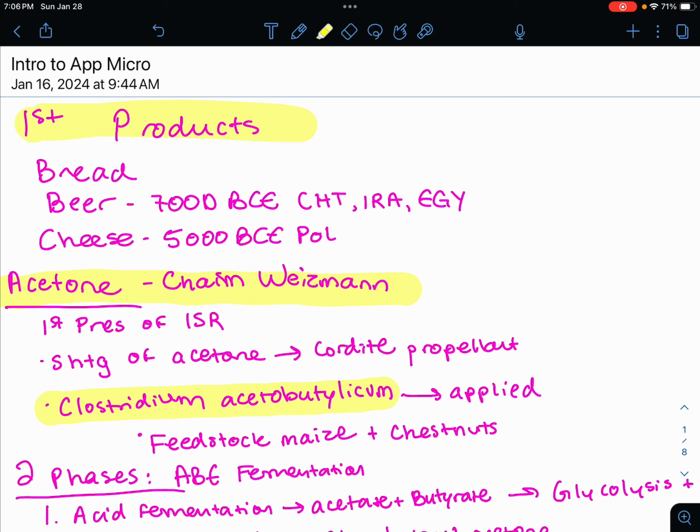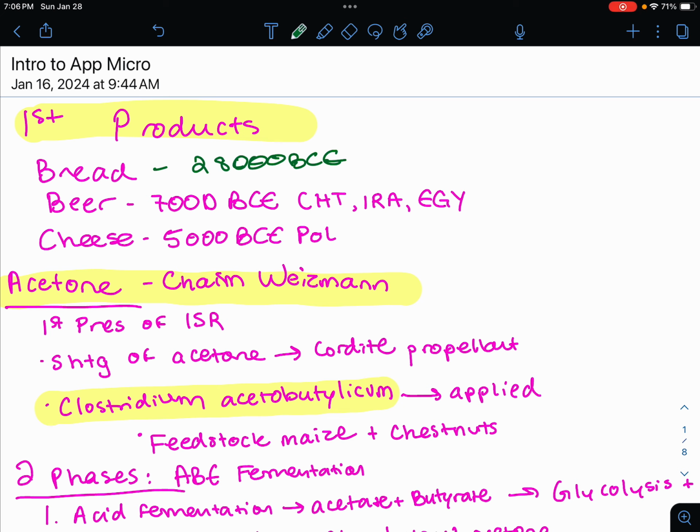We have bread, which was made in prehistory to about 28,000 BCE. That's when it was first produced. We have beer made in three locations.